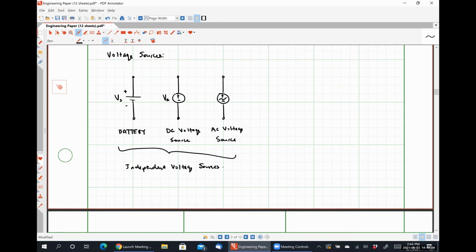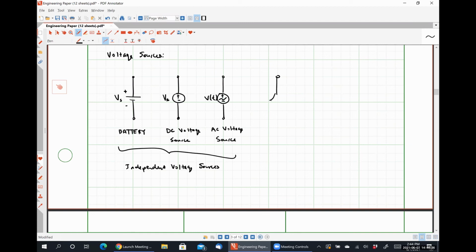In an independent voltage source, the value of the voltage, so let me write here, this is V of t, the value of the voltage present across the element terminals does not depend on any outside quantity. Okay, now right now that may not make a heck of a lot of sense, but I'm going to introduce two more voltage sources that'll make this seem a little bit more clear.